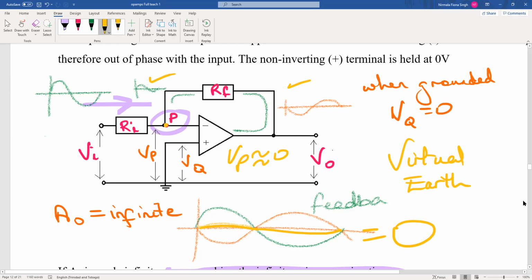Zero times anything gives you zero. Sit down. Right? Because we made the assumption of the infinite gain approximation, that means if we take this really, really tiny voltage and run it through our amplifier, it is going to get magnified to a signal that we can read and use.